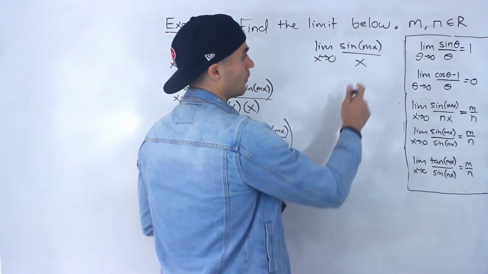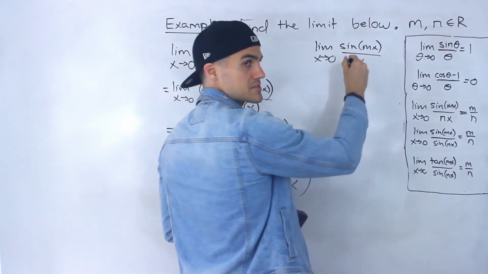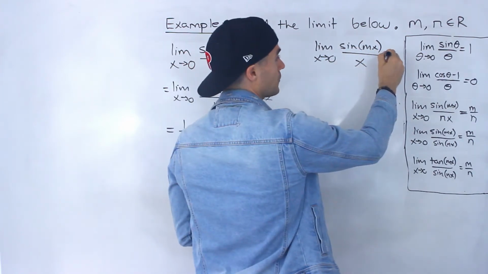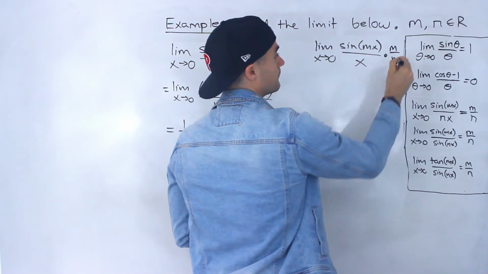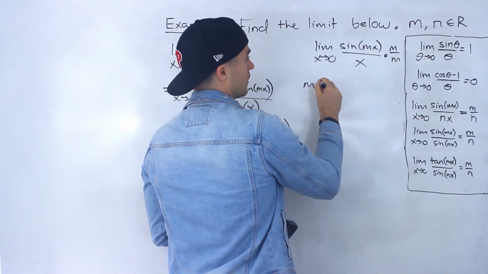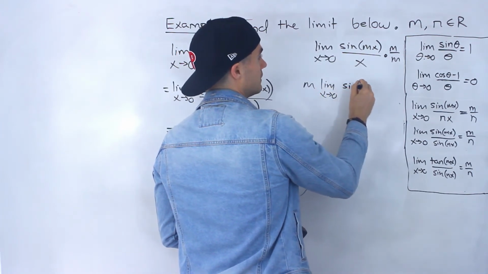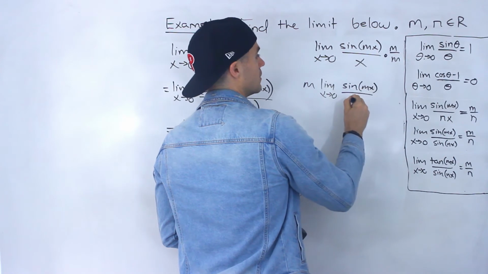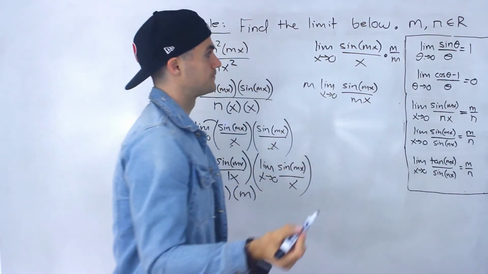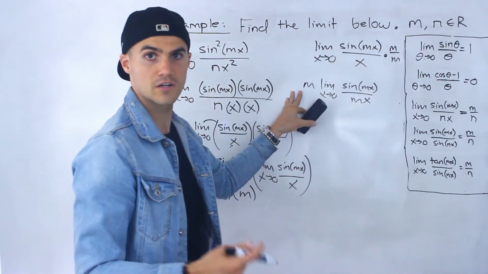So what we need to do is have this expression and the same expression in the denominator. So what we would do is multiply it by m over m. This m, I'm going to factor out. And then what would we be left with? We'd be left with sine mx over mx, like that. Right? So this m I put here, and then this m I factored out because it's just a constant.